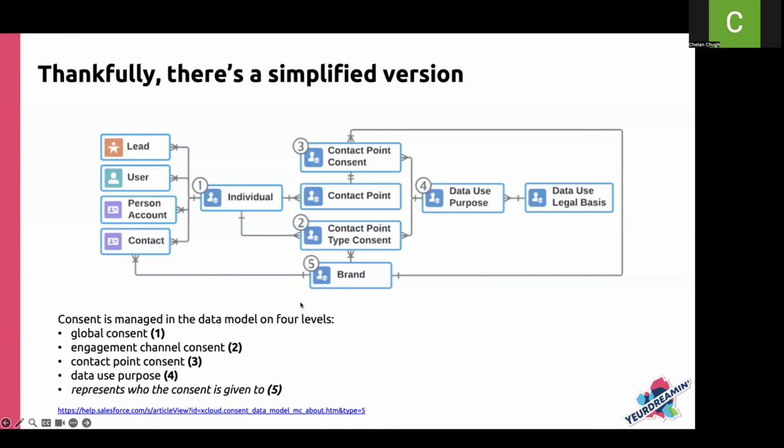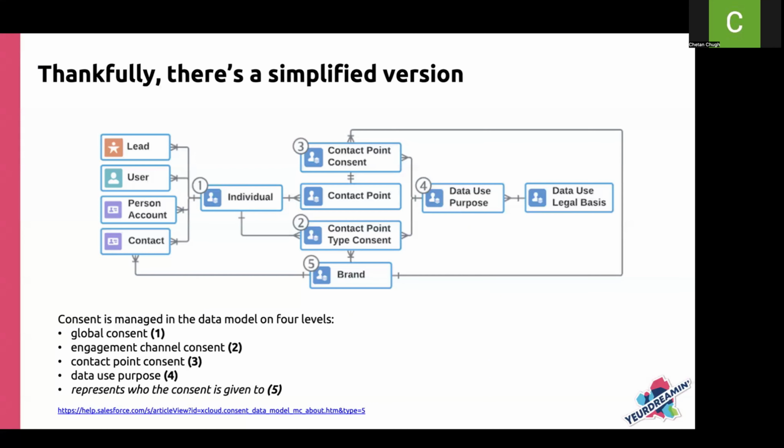This Brand object here is not necessarily, strictly speaking, part of the data privacy empire. However, it has to do with another aspect: who was this consent given to? Quite a lot of times you would have scenarios in which there are multiple divisions of the business operating in the same Salesforce org, or multiple different brands or sub brands, and therefore you want to clearly differentiate who the consent was given to.